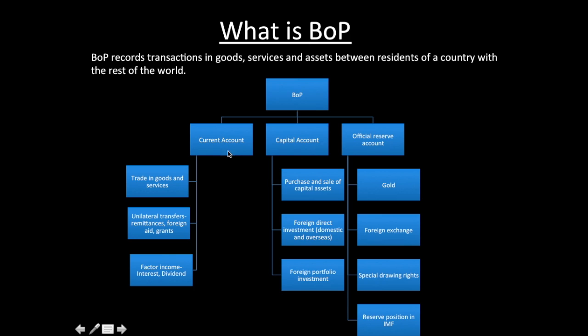What is BOP? First of all, if we look at the definition, BOP records transactions in goods, services, and assets between residents of a country with the rest of the world. So what balance of payment records is basically whatever transactions of goods, services, and assets happen between a country and the rest of the world.